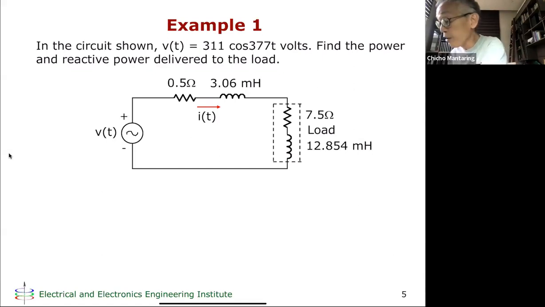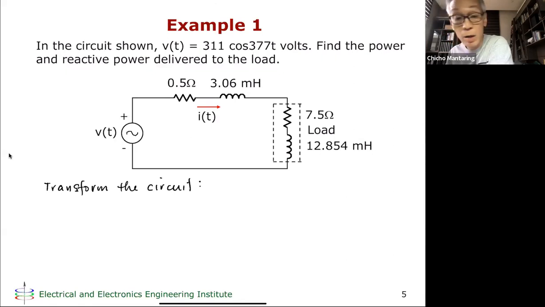Always, as a first step, you transform the circuit. So what is our transformed circuit?